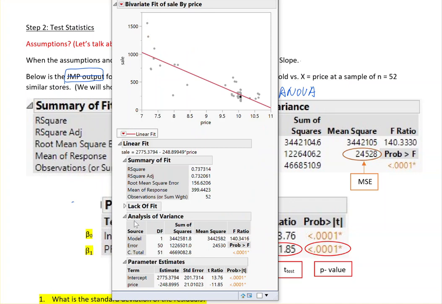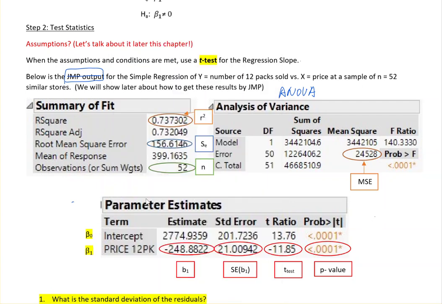Now you know it is short for ANOVA, which is the analysis of variance table. This is the second table, and the last table is the parameter estimates table. This will tell the information about the sample linear regression equation. Okay, now let's look at these three tables in detail.